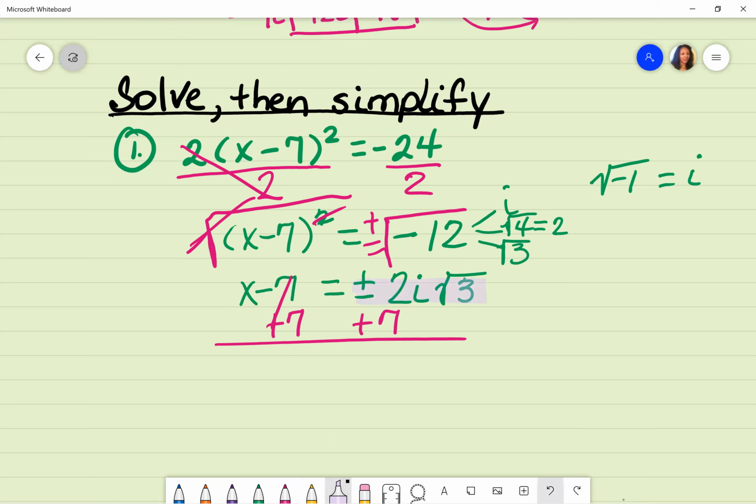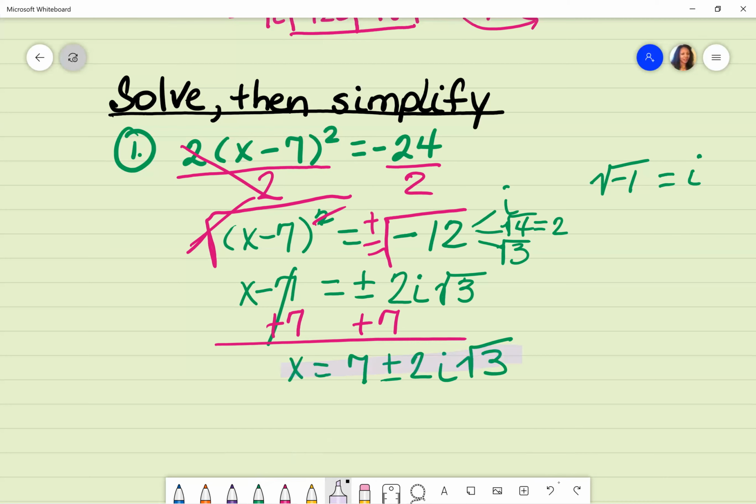So the plus and minus goes with that 2i root 3. My computer is doing something crazy here. So the plus or minus 2i radical 3 is one number, and I can't combine that 7 with it. But now if I put the real part first, it's a positive 7 plus or minus 2i radical 3.